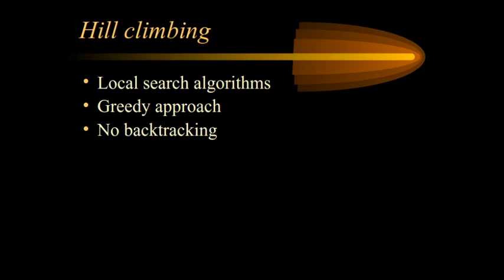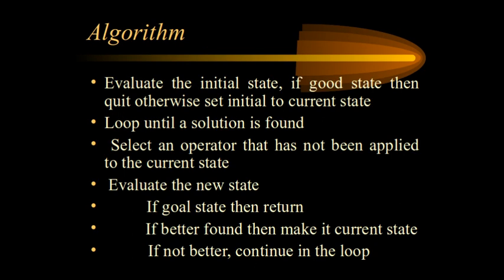The algorithm is like this. Evaluate the initial state. If a goal state is found, then quit. So during hill climbing, the initial state is evaluated, and if it is the goal state, then quit.